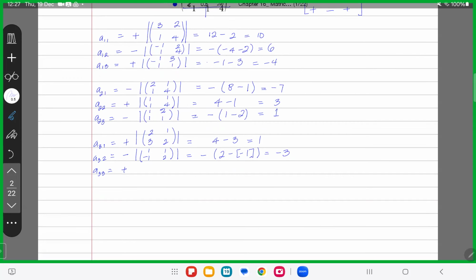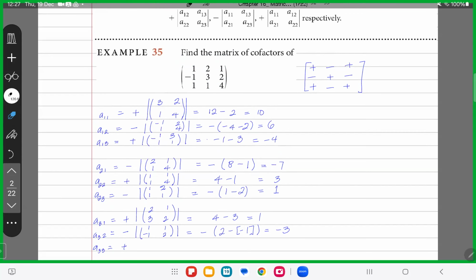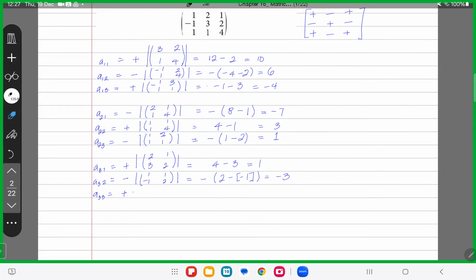And finally, the last cofactor element. Ignoring the bottom row and the right column, find the determinant of the 2 by 2 matrix that remains.